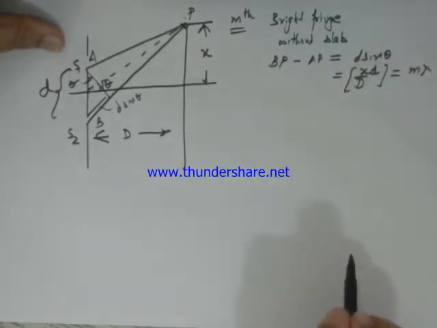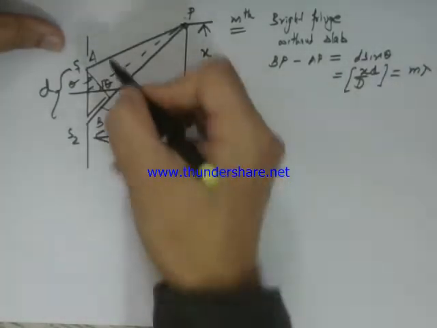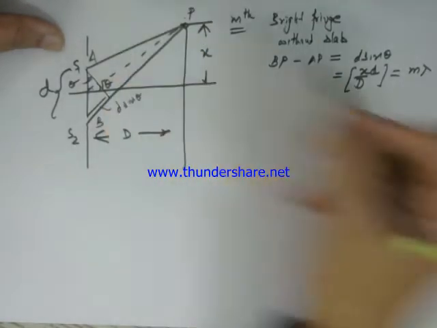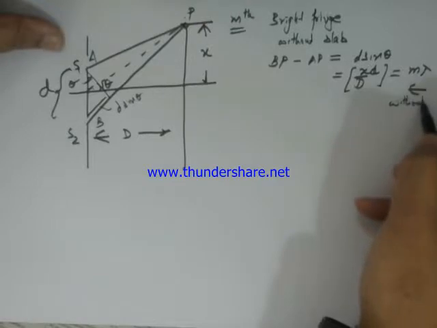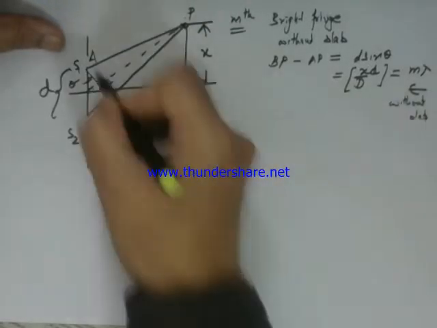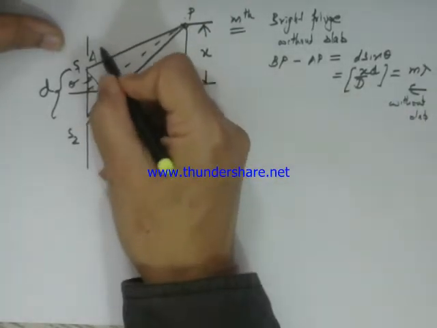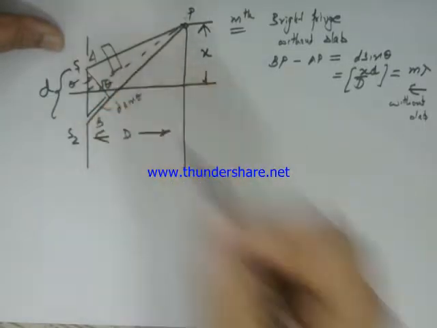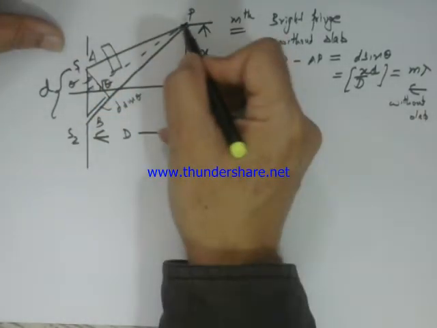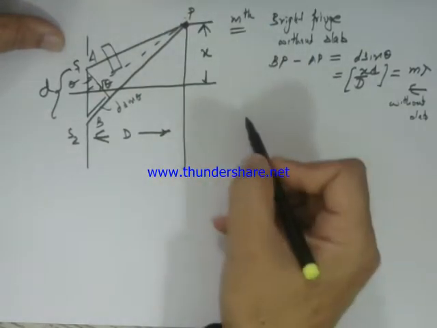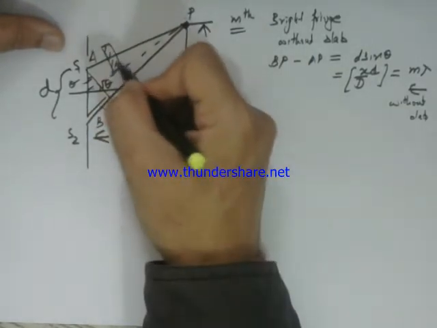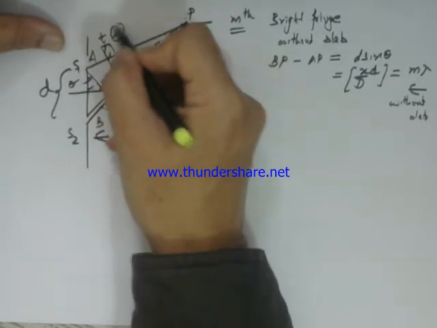There is an mth fringe here. Now this is without slab. Now if I place a slab here, which will be the fringe here? Earlier it was mth, let there be the nth fringe, and this is the thickness t, μ is the refractive index.